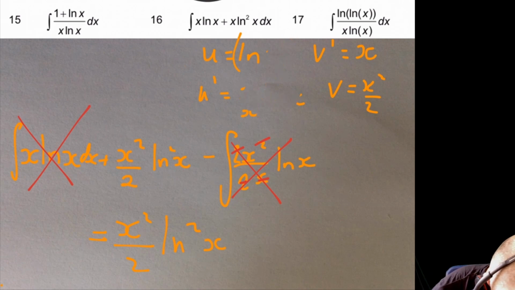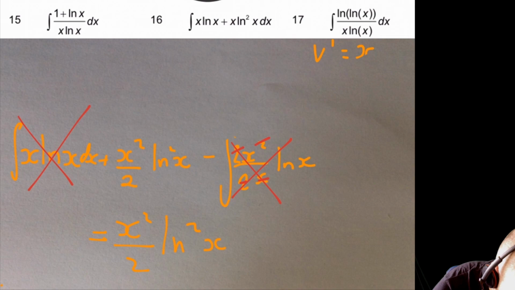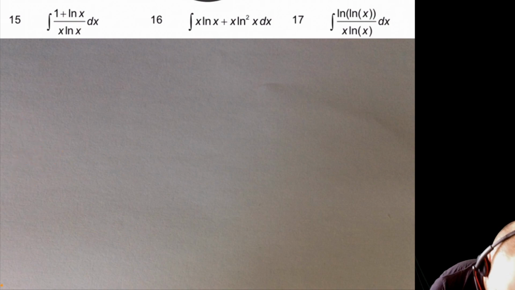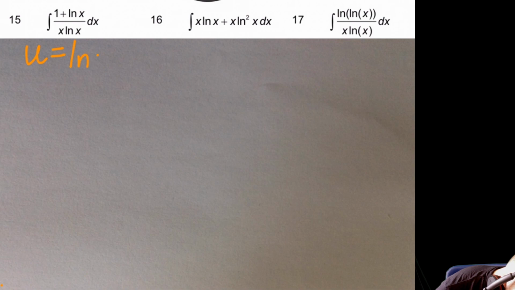And the last one, substitution again. So I'm going to make u equal to ln x. So du dx is 1 over x, so dx is x du.